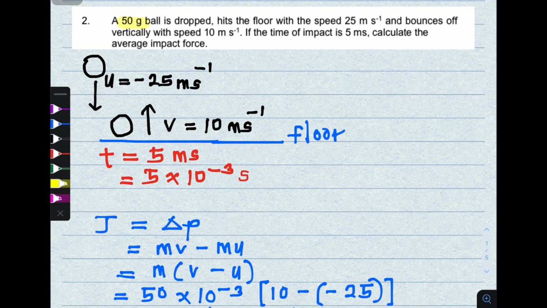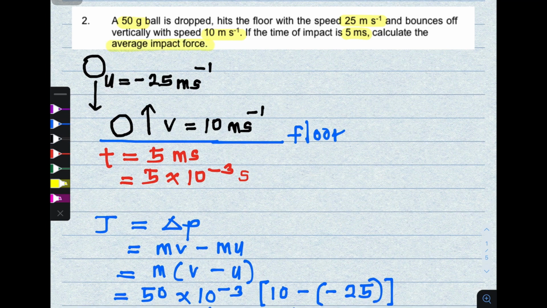It hits the floor with the speed 25 meter per second and bounces off vertically with speed 10 meter per second. If the time of impact is 5 milliseconds, calculate the average impact force.